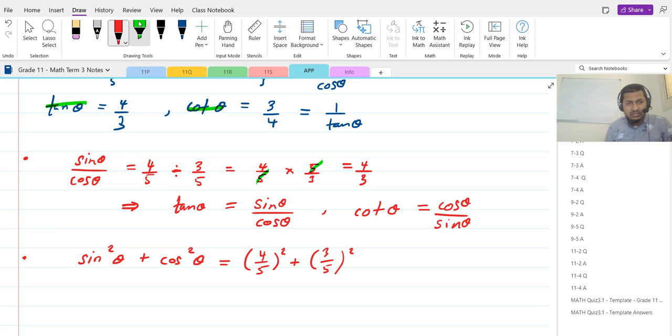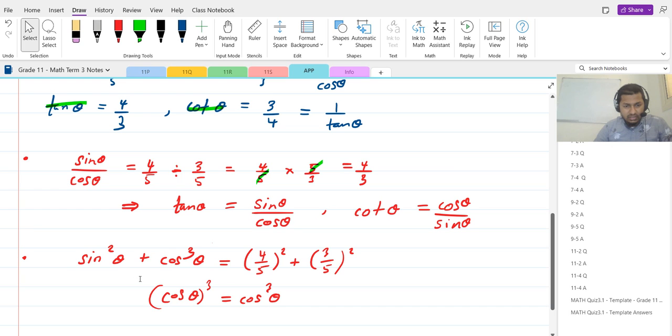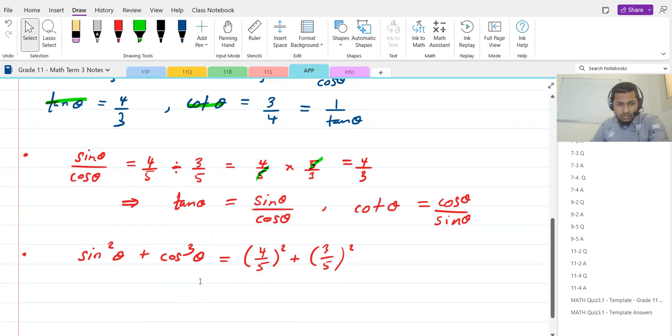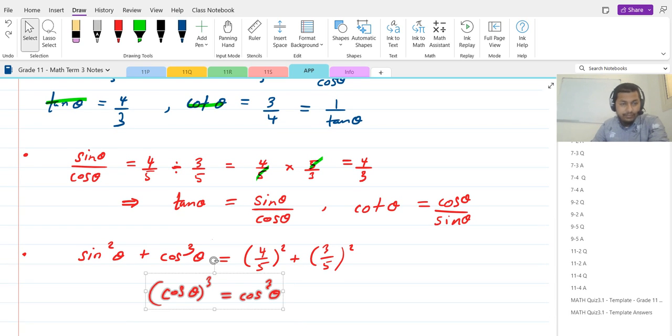It's just the way that trigonometric equations and trigonometric functions are written. Example, if I put a cube, it's the same thing as saying cos theta all cubed. It's the same thing as writing cos cube theta. Right, let's take this out and continue with our derivation.